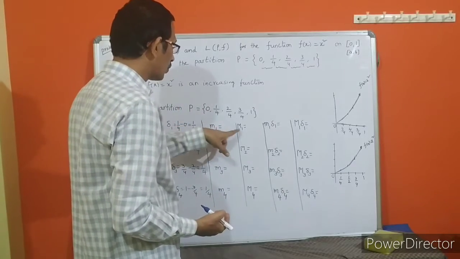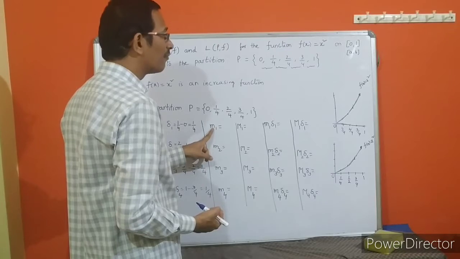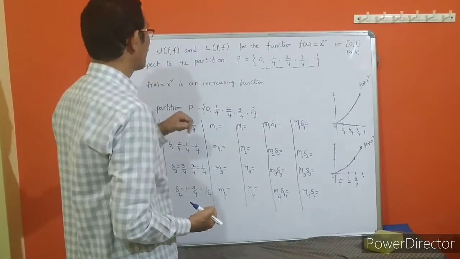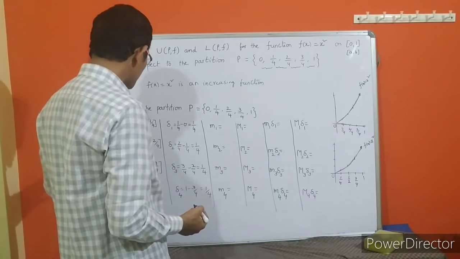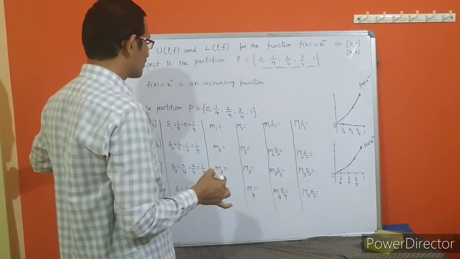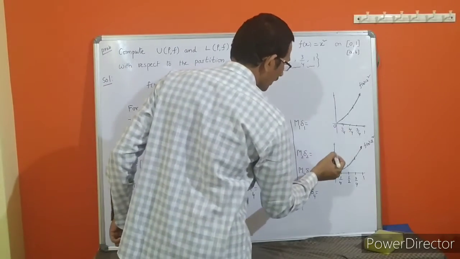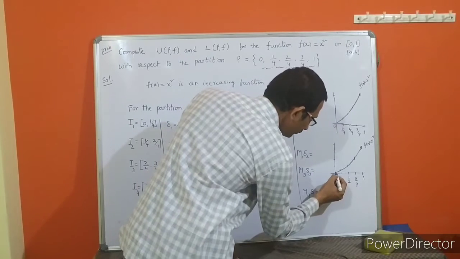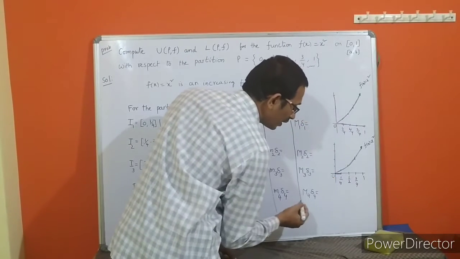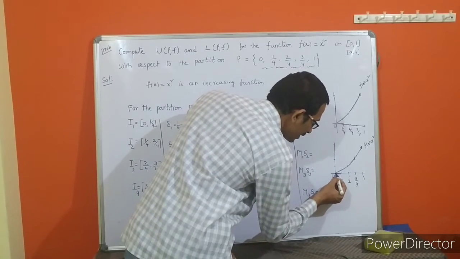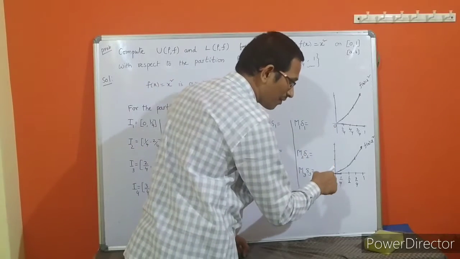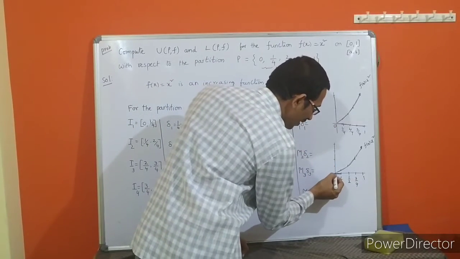What is small m1? What is capital M1? You know that m1 is the infimum of f(x) on I1. So m1 is the smallest value of f(x) on I1. For example, see here, this is I1. In this I1, what is the smallest value? Because this is an increasing function, the smallest value of f(x) comes at the smallest value of x.